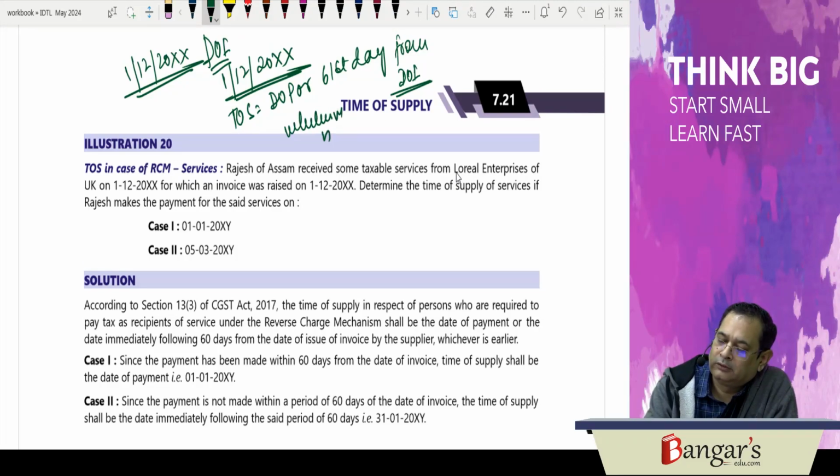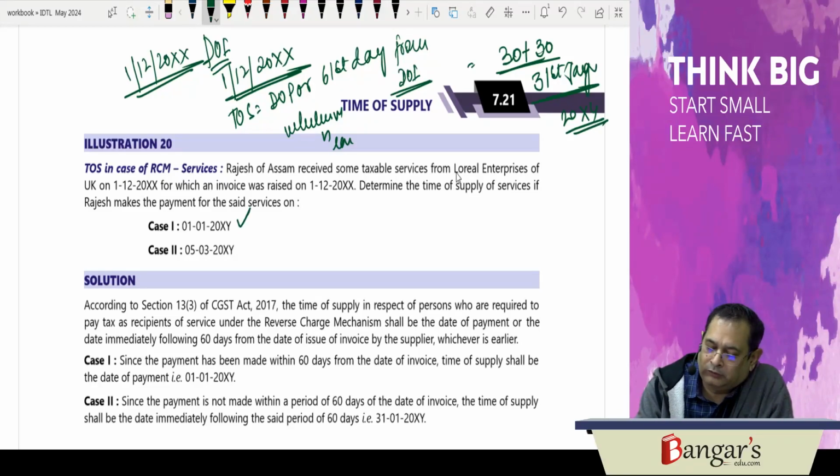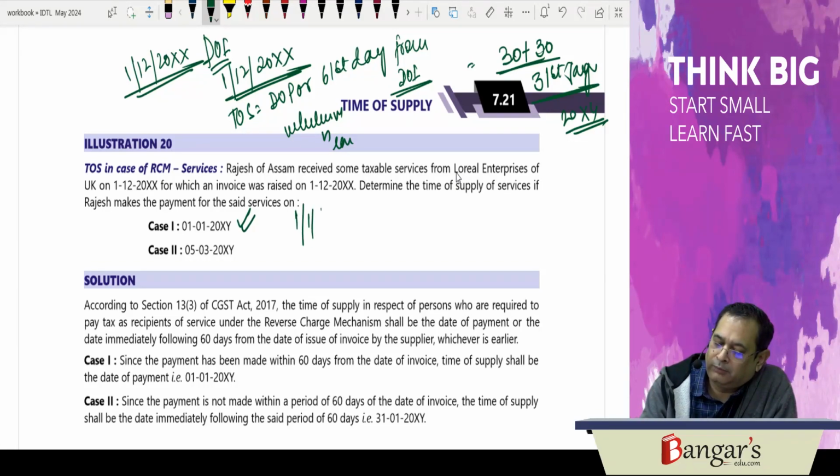So the 61st day will be 30 days for December and 30 days for January, so it will be 31st of January. We have to see whether the payment has been made. In the first case, it will be 1st of January because the payment has been made prior to 31st of January.